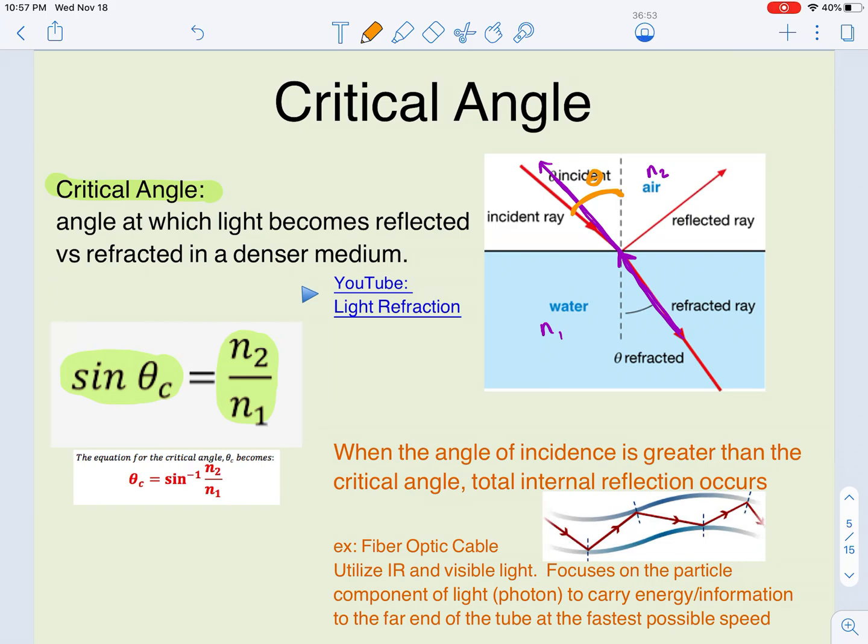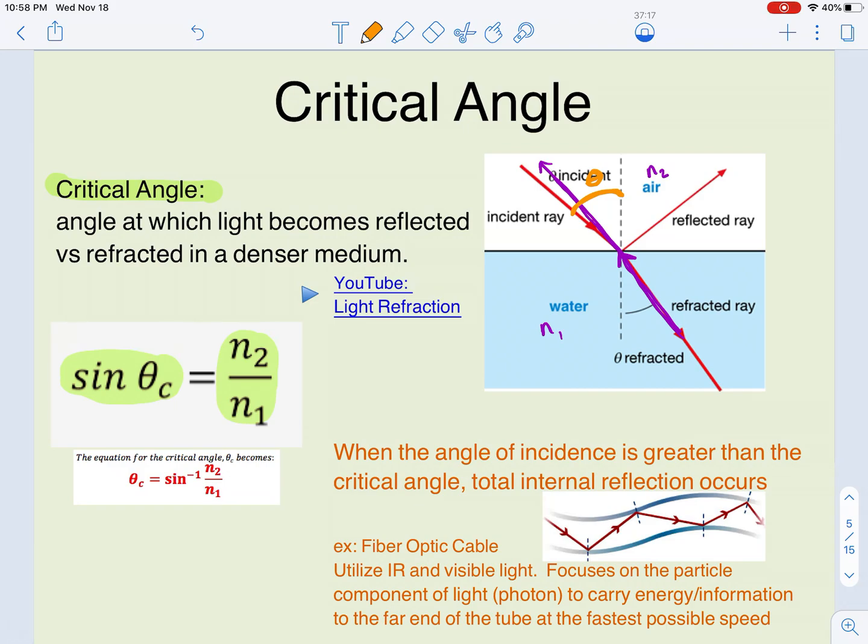This is the path that the light would follow if it stayed in the water. But you can see from the drawing that when it passes into the air, it actually experiences a greater angle than what it would have experienced in the water. What does that tell me? That tells me that the light increased in speed when it moved from the water into the air. That makes sense.